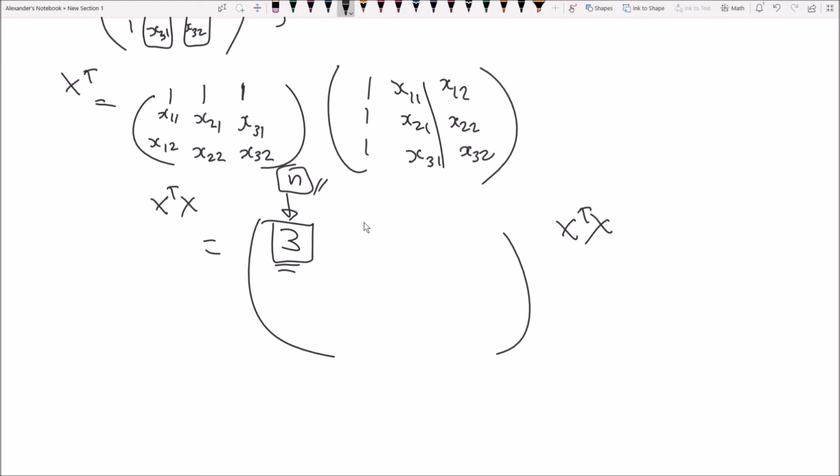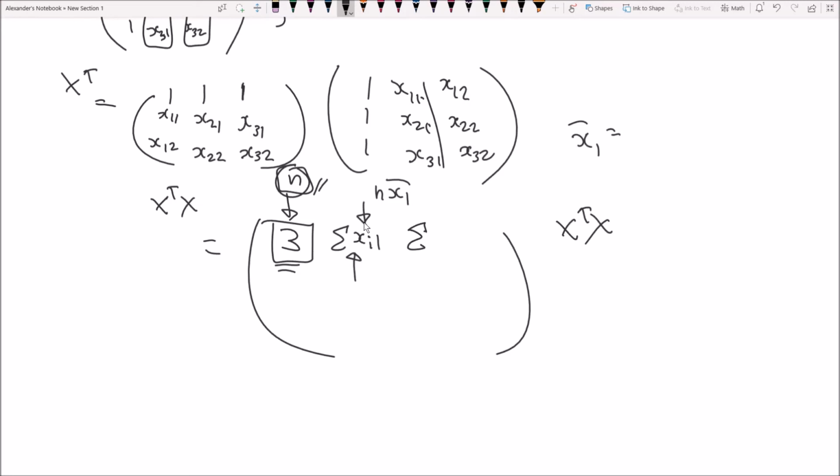So this is going to be x11 plus x21 plus x31. These are all the values for the first column. So this is the summation of xi1, which is the same as n times x1 bar. So if we wanted to get x1 bar, we would just take this entry and divide it by n that we find over here.